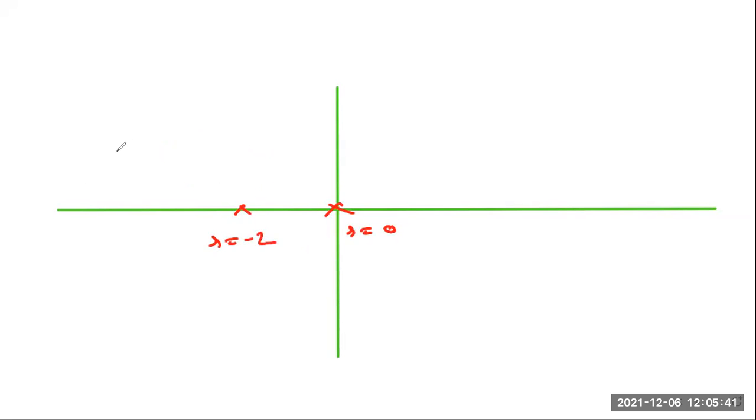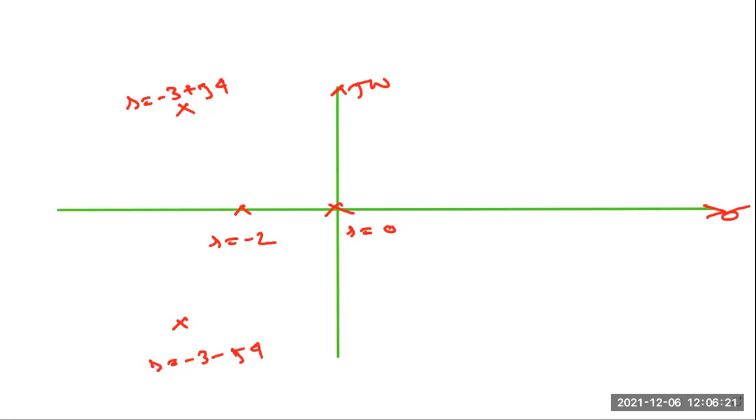Yes, sir. Then we have a pole at -3 plus j4. So for example, this is -3 and j4 is, for example, here. So this is s equal to -3 plus j4. And then another complex conjugate pole is there at s equal to -3 minus j4. These are the locations of the poles and zeros in the s plane. This is sigma, this is j omega. Is it clear now? This is the pole-zero plot of this given transfer function. Clear, sir. Okay.